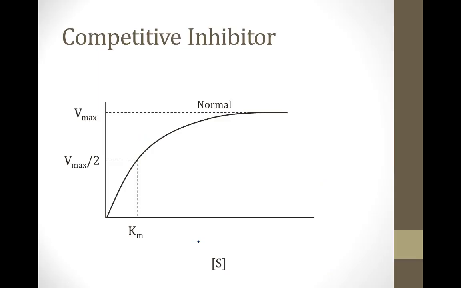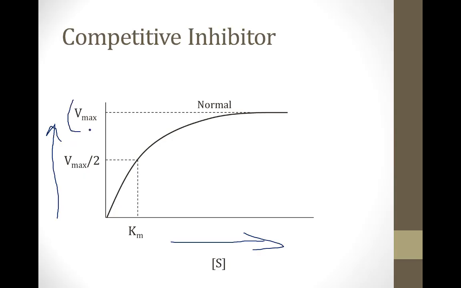In the video on enzymes, I discussed Michaelis-Menten kinetics and Michaelis-Menten plots like the one shown on the screen here. To briefly review, a Michaelis-Menten graph plots the substrate concentration along the x-axis and the velocity of the enzymatic reaction along the y-axis. And there are two important characteristics of an enzyme that can be determined from a Michaelis-Menten plot like this.